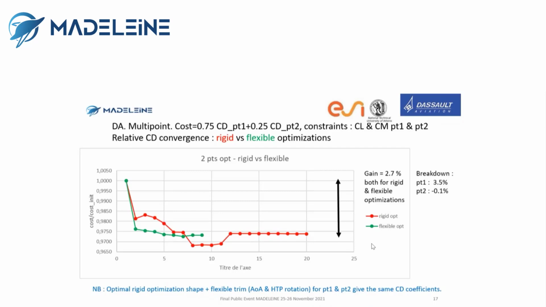The breakdown between point 1 and point 2 is a gain of 3.5% for the larger Mach number, and not a gain, in fact, minus 0.1% for the second point.